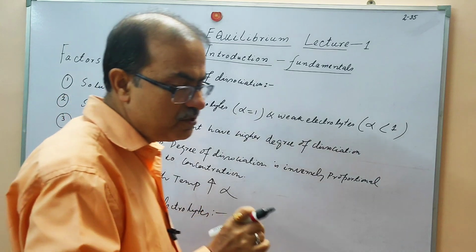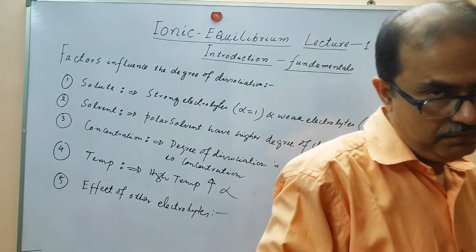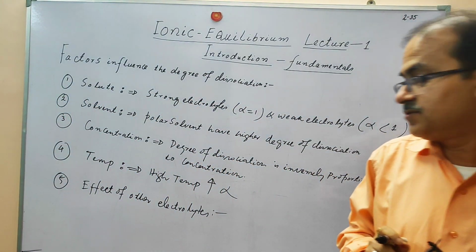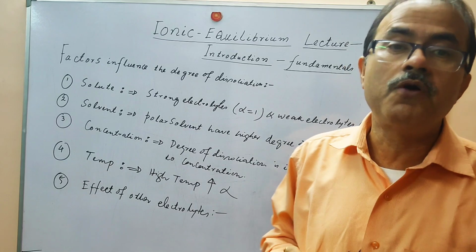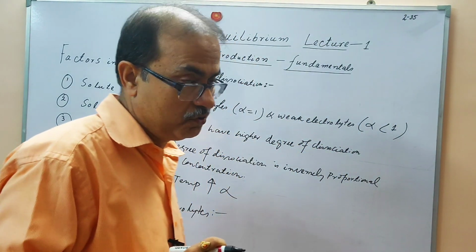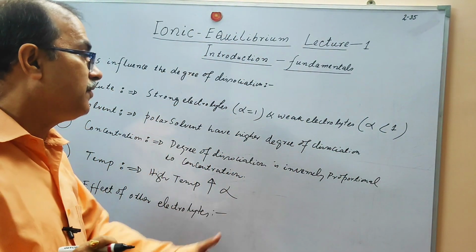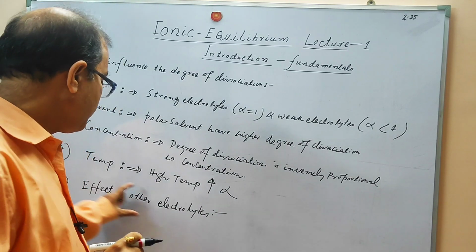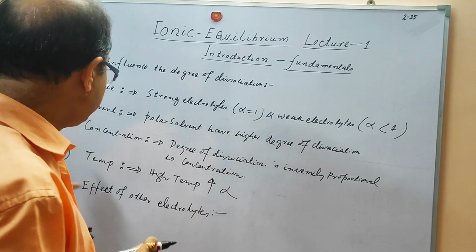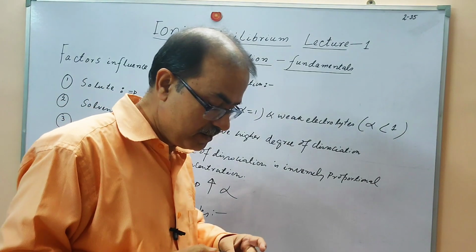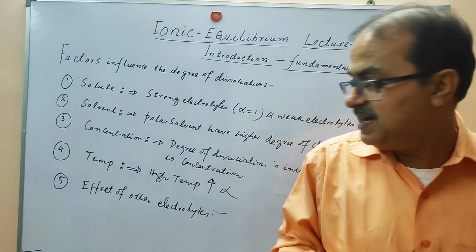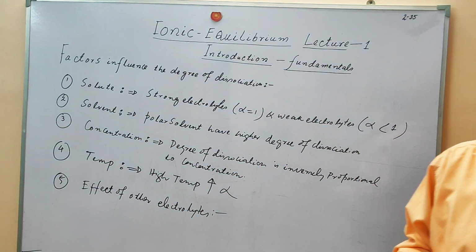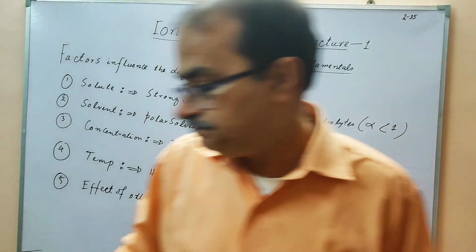If the other electrolytes have a common ion, then it will suppress the degree of dissociation of the electrolyte. This common ion effect we will discuss later in a separate chapter. So the effect of other electrolytes, temperature, concentration, solvent and solute, all five things influence the degree of dissociation. Okay?